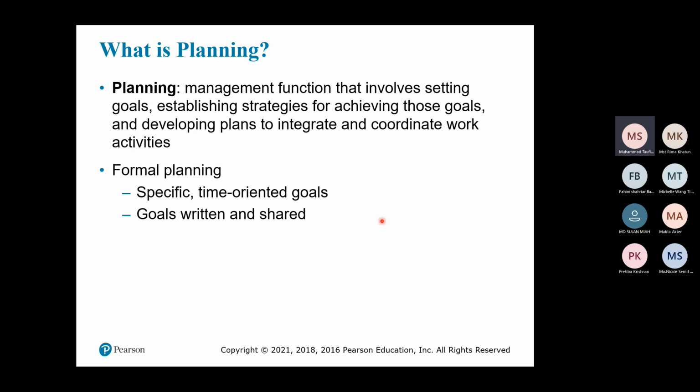For good or formal planning, it must have specific and time-oriented goals. A good planner must set their goals very specifically. You already have your vision and you know what you want to do, so when you do the planning, your goal must reflect your vision.